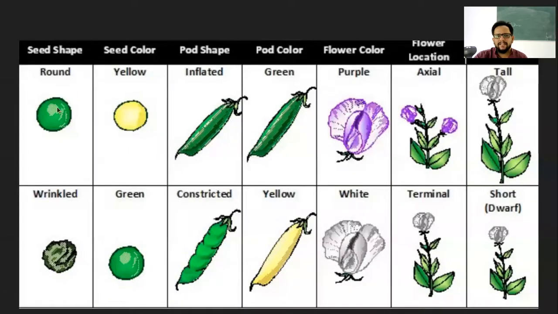Let's say a particular plant has two alleles which are coding for the seed shape, that is either round or wrinkled. It can have both alleles predicting round, or both alleles predicting wrinkled, or one allele for round and the other for wrinkled. Three possible options.